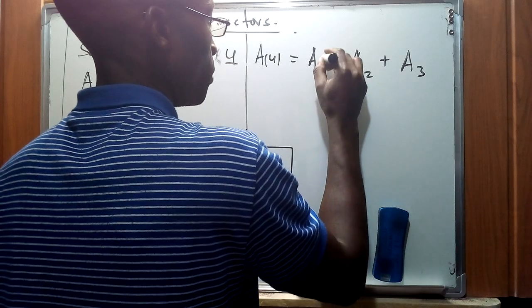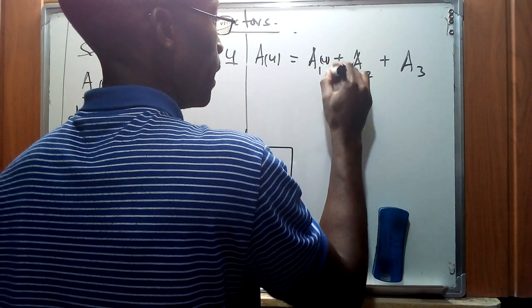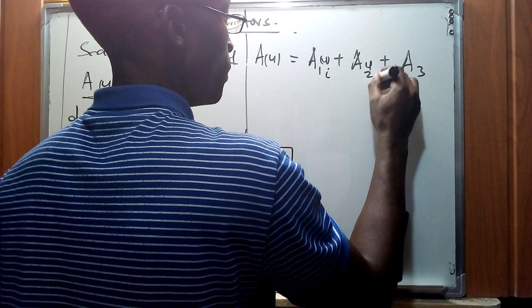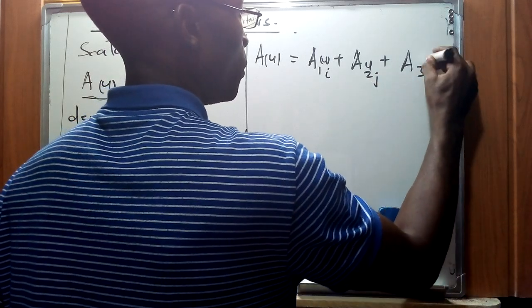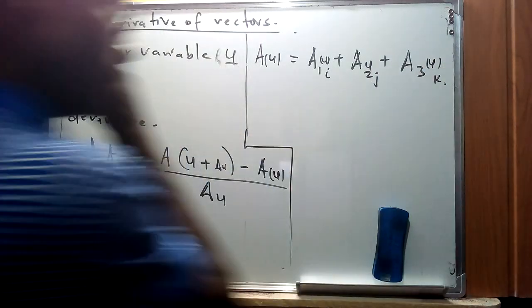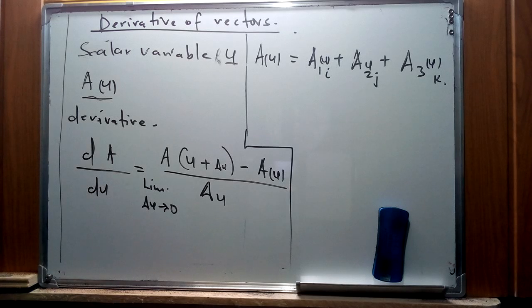So this is going to be A1(u) in the i direction, A2(u) j, A3(u) k. Okay, so this vector function of A can be represented using those specific vectors.